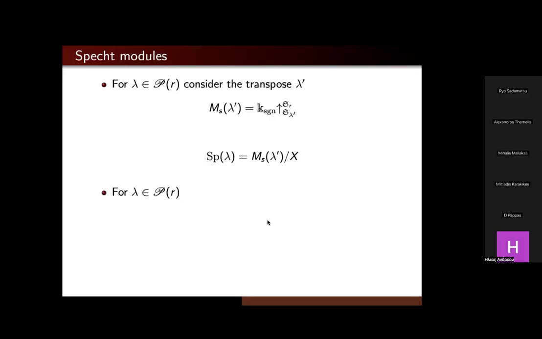If I stick with my partition and consider a different and easier model now, I'm not going to take the sign. I'm going to take the trivial model. I'm going to take the parabolic associated to partition lambda, the Young subgroup that's associated to lambda, if you like. And I'm inducing the trivial model from S_lambda to my full group, and then I get the one and only permutation model corresponding to lambda.